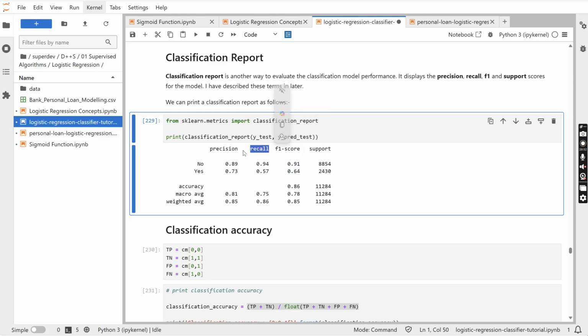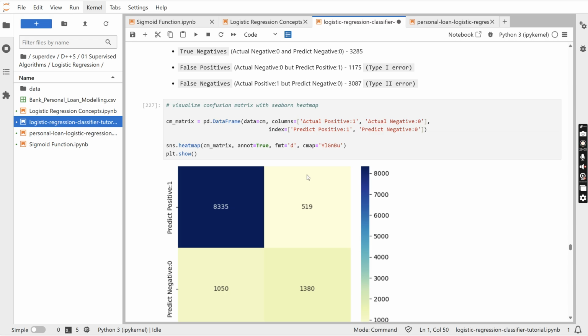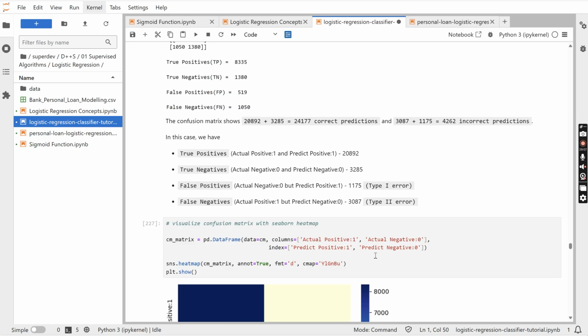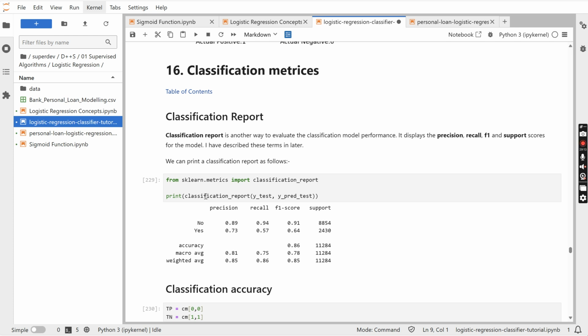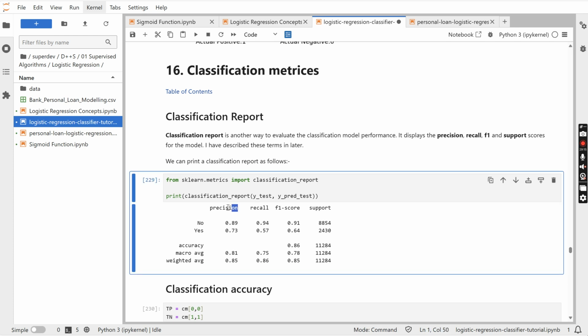Now, always remember, recall and precision are interdependent. What is precision? Precision measures false positives, the type 1 error that we just discussed.